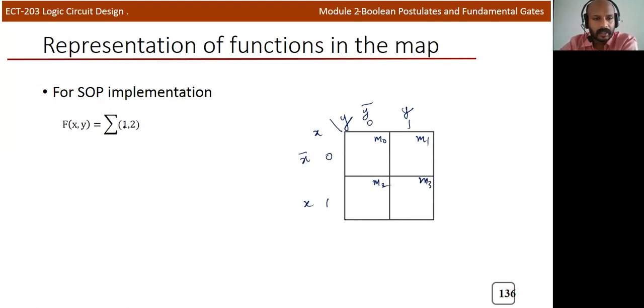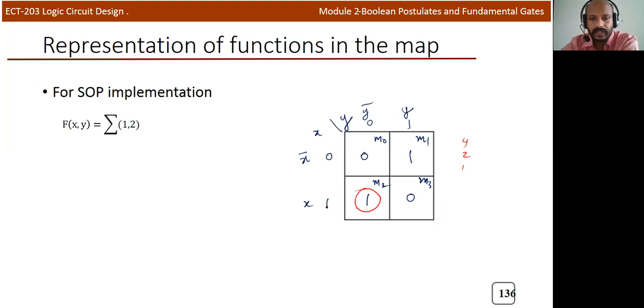And we need to indicate 1 and 2. The other cells I will put as 0. Now I need to group this, so there is no option to group as a 4 or 2, there is only a single 1.